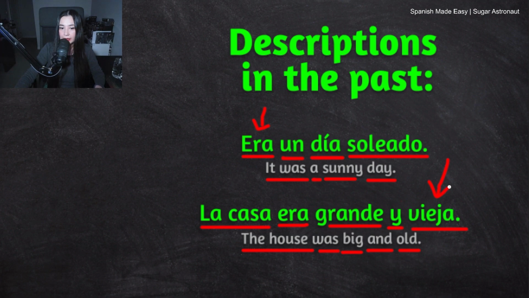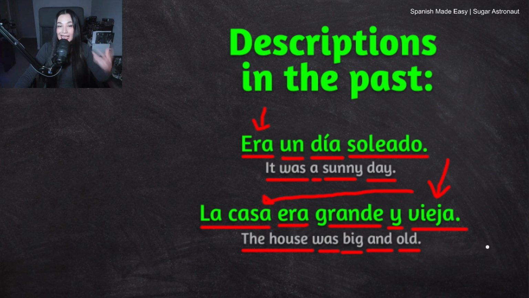So this is a feminine adjective. Why? Because we're talking about the house. Grande doesn't have feminine nor masculine forms. So grande stays the same. This adjective can be used for feminine and masculine nouns.